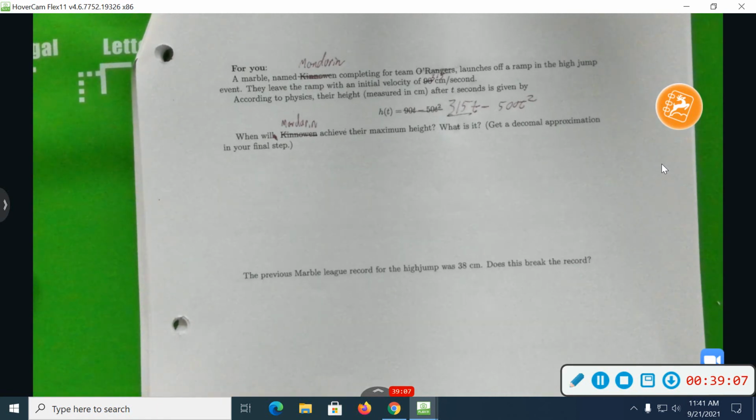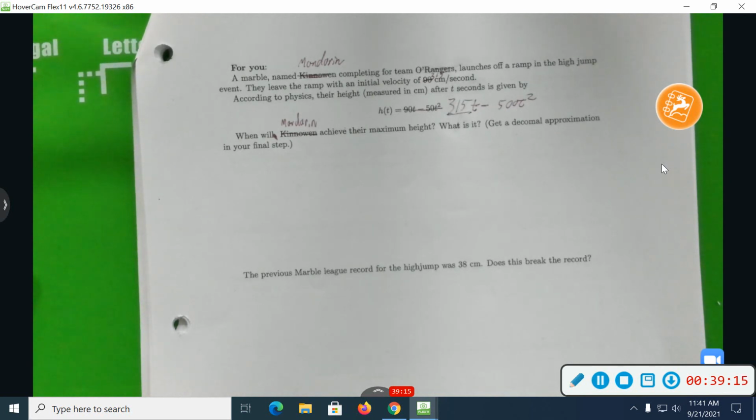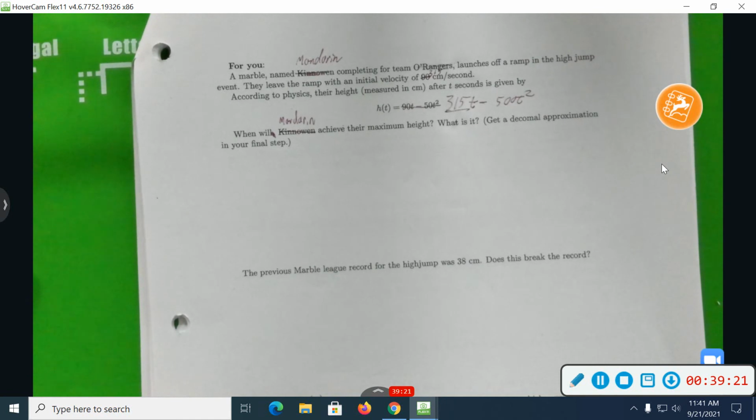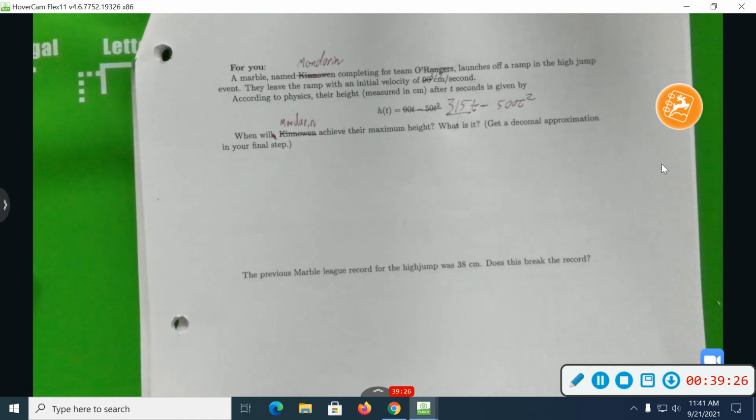Gravity is applied vertically, at a rate of 10 meters per second squared. 1 meter is 100 centimeters, so that'll be 1,000 centimeters per second squared acceleration due to gravity. Because of some of the terms that come from the calculus, you divide it by 2. There's the model that physics tells you the height of this marble will follow.